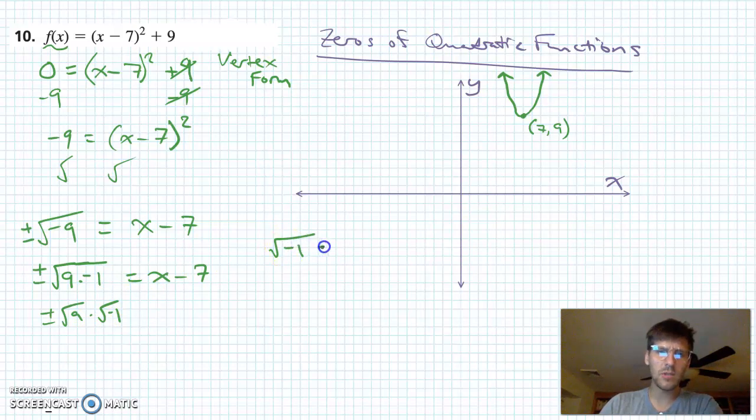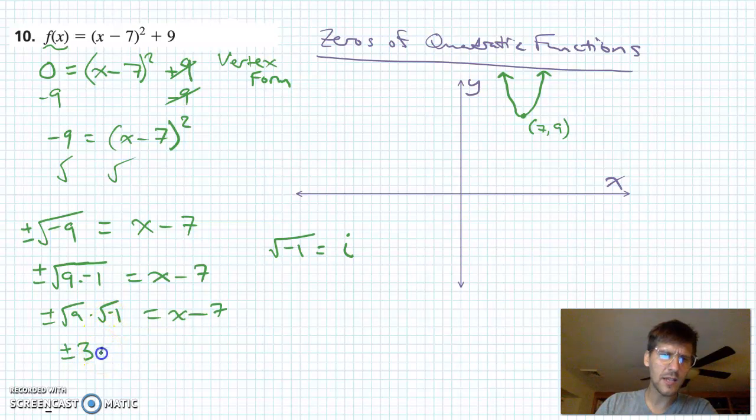So what mathematicians did is they called the square root of negative 1 the imaginary unit. So we could actually replace the square root of negative 1, anytime we encounter it, with this imaginary unit i. Now that I've got that, I know the square root of 9 is 3.